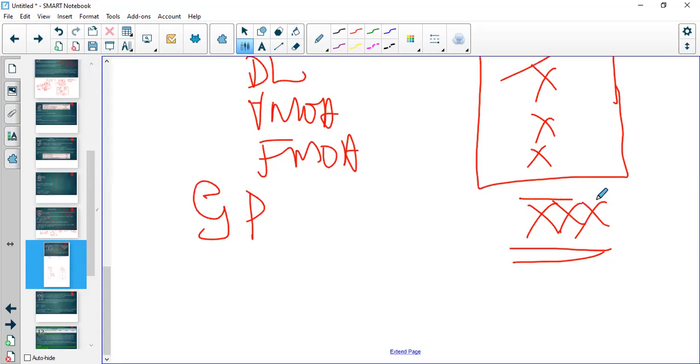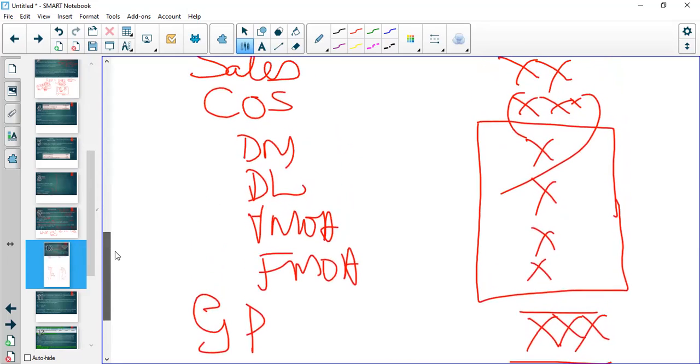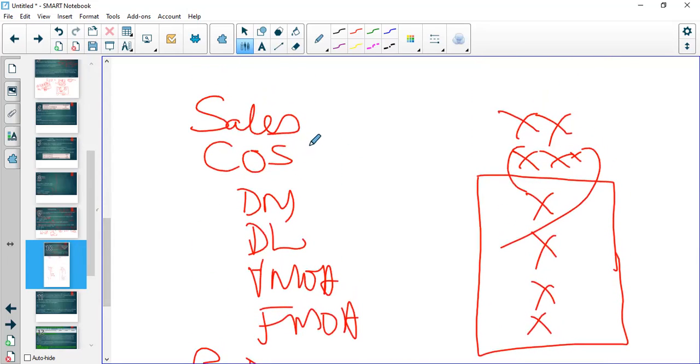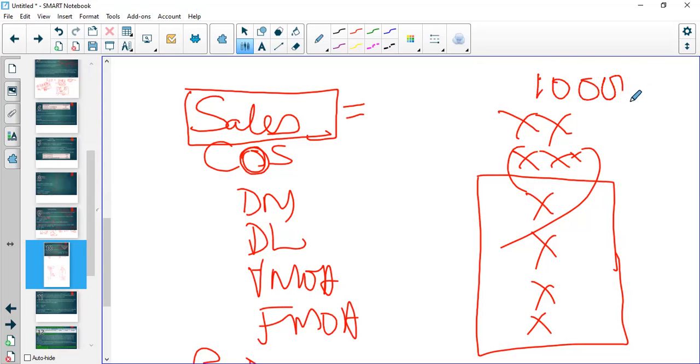Do you know that sometimes you have information that allows you to calculate sales, and then maybe you determine your sales as, let's say, 1,000, and they tell you that the markup on whatever, on cost or on sales.